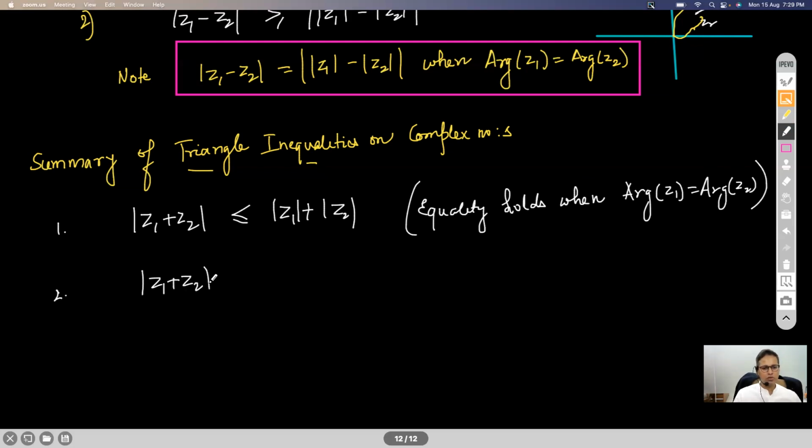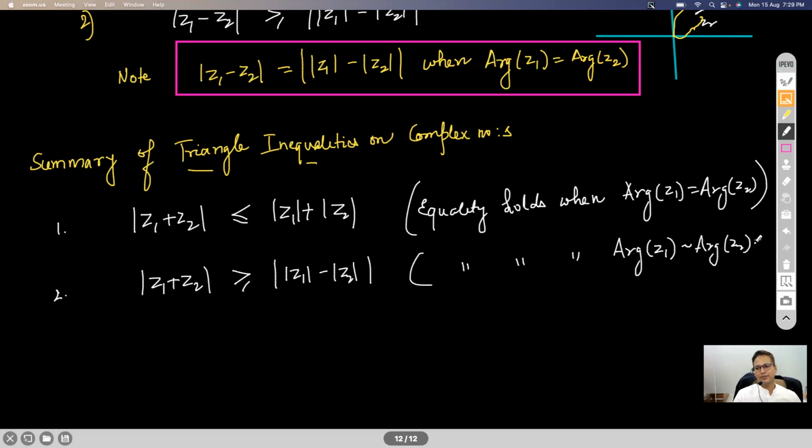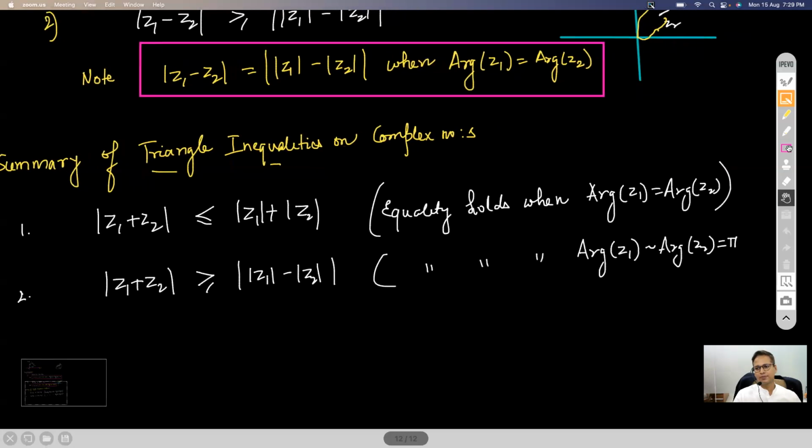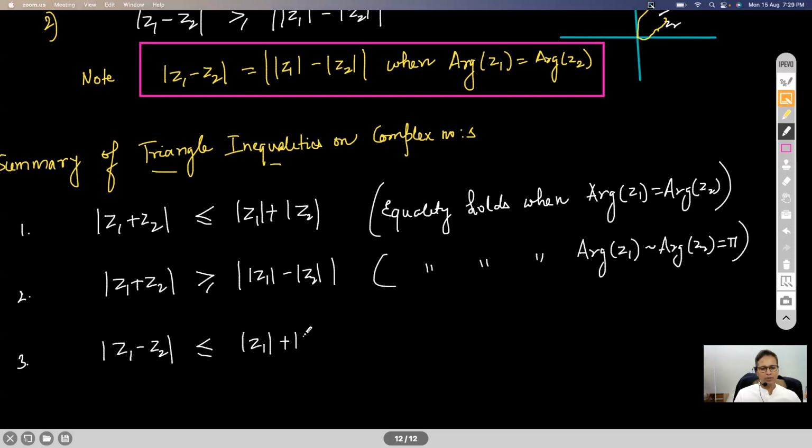Mod Z1 plus Z2 will always be greater than or equal to the difference of their respective moduli. Equality holds when the difference of their arguments is pi. Third, we did mod Z1 minus Z2 is lesser than or equal to mod Z1 plus mod Z2.